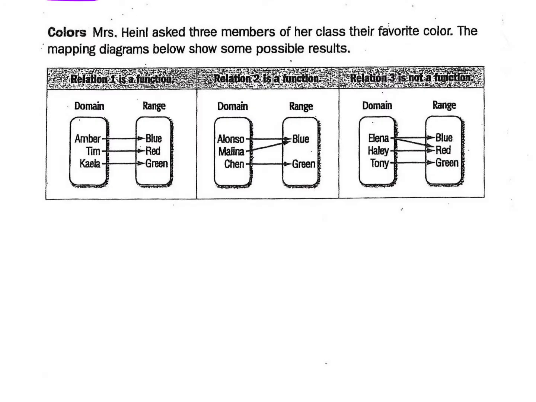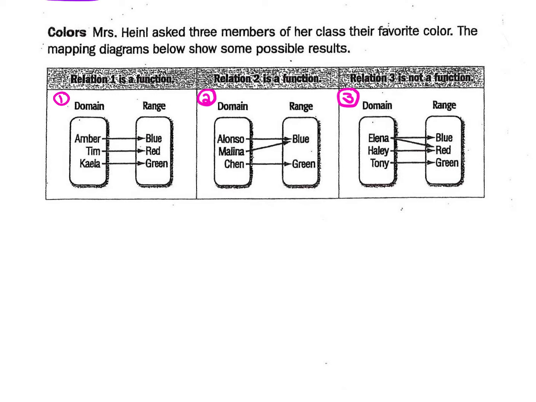Another way to think about functions is to listen to the story about what your favorite color is. You can see that 3 different relations have been given to you at the top of this page. Story 1, Story 2, and Story 3. Let's take a closer look, and maybe this will demonstrate to you exactly what a function can and cannot be.